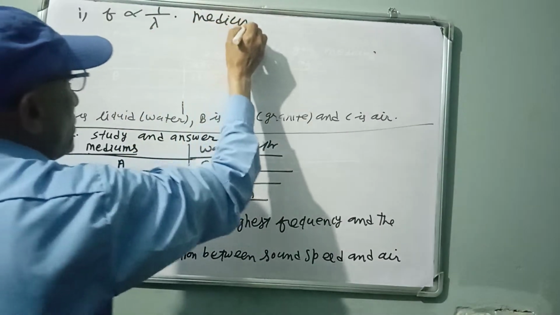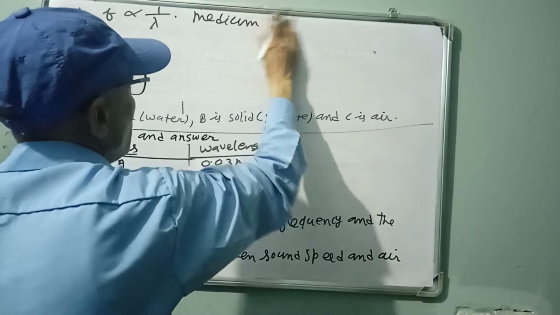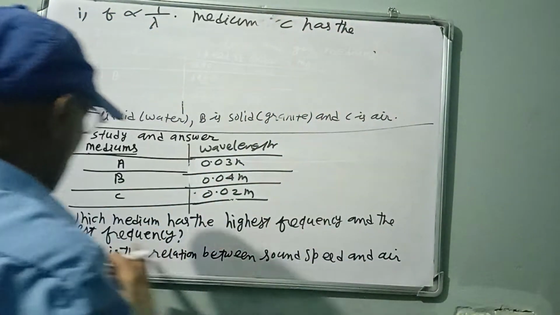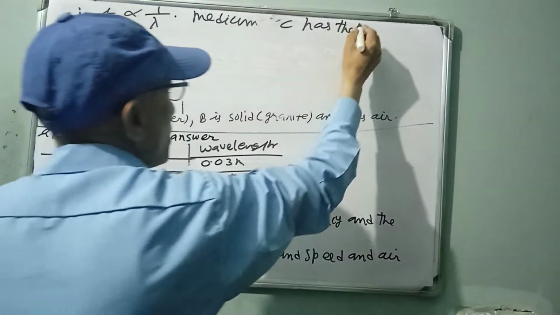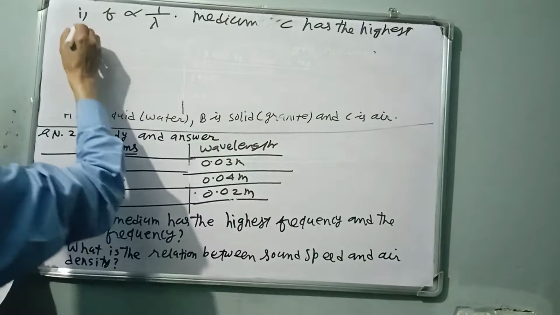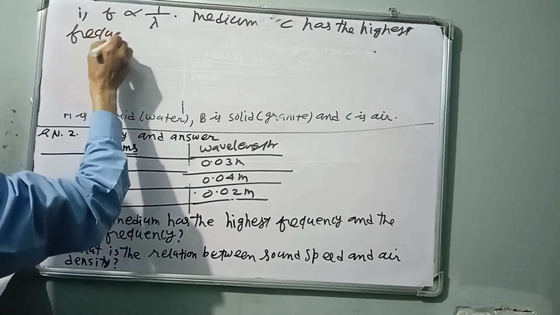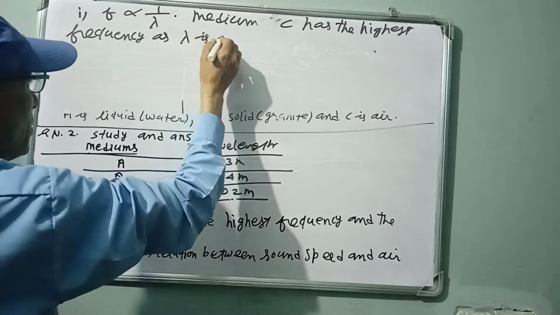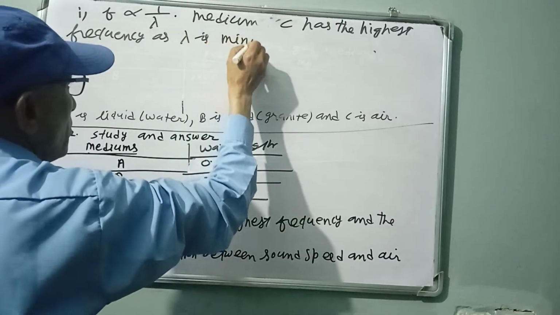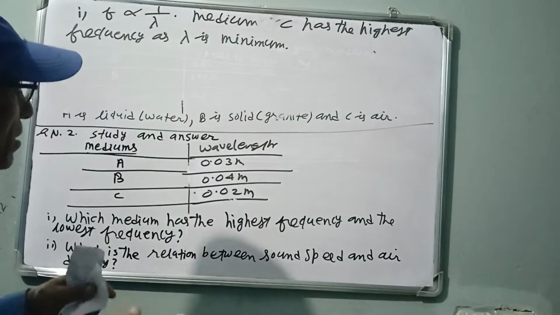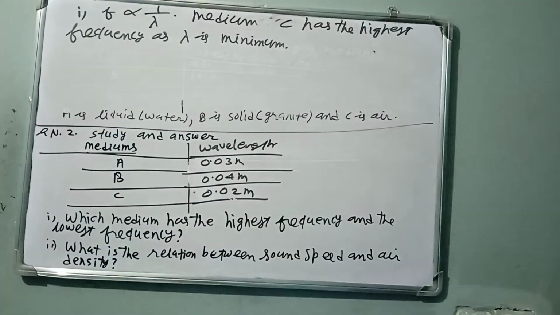Medium C has the highest frequency, as wavelength is minimum.